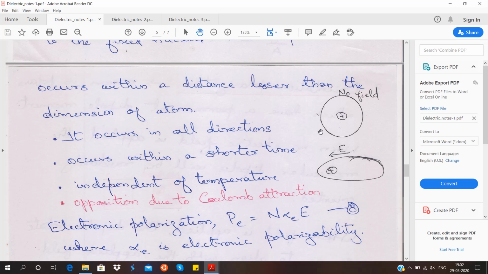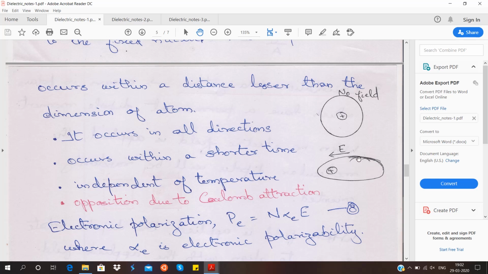So all these are happening within an atom. So that means this elongation also has to stop at the end of the structure of the atom. Basically the maximum elongation to one side corresponds to the maximum radius of the atom. So it is extendable only till the radius of the atom.